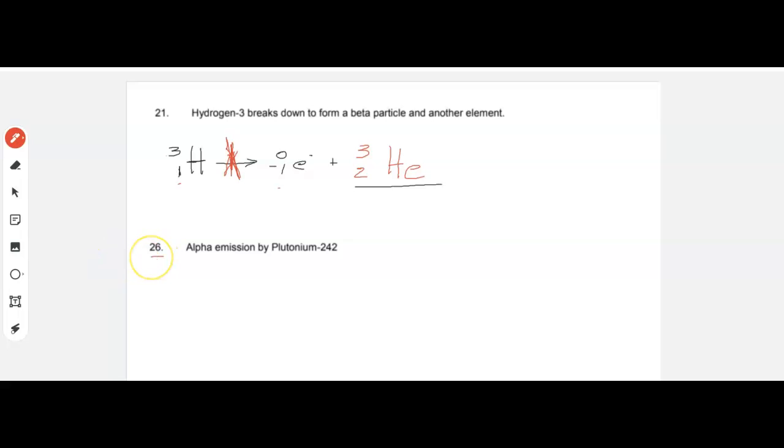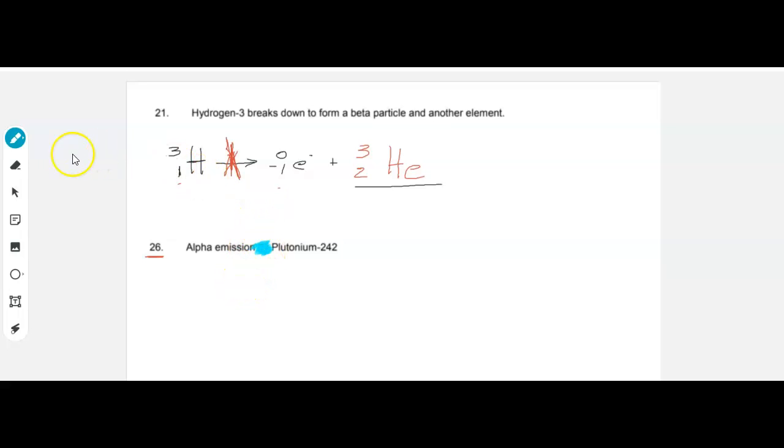Number 26 is very similar, but you have to read it much more carefully. The question reads, alpha emission by plutonium-242. When you read it carefully and you see alpha emission by, what that means is that the alpha emission is happening where it's coming from.